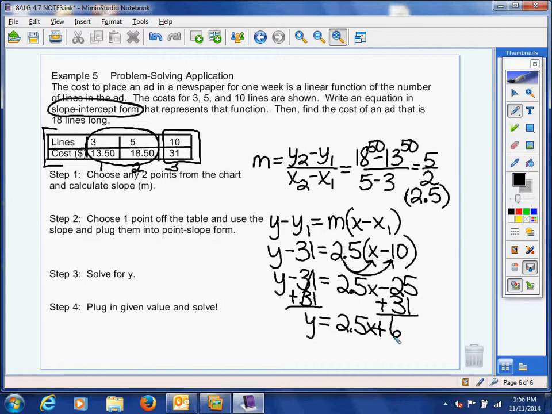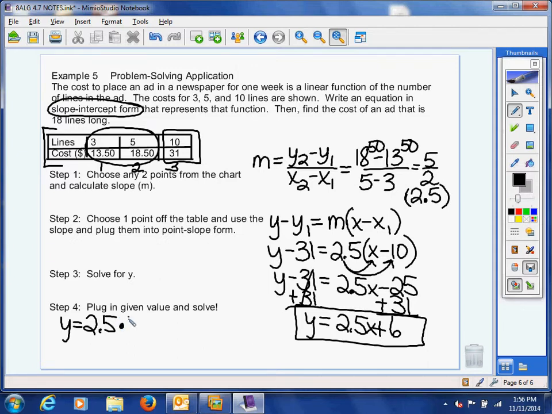Okay, so there we did it, one of our aims was to write an equation in slope-intercept form. So this is one of our answers right here. Now our other answer is, once we have that equation, now we're going to find the cost of an ad that is 18 lines long. So 18 is going to be our x.